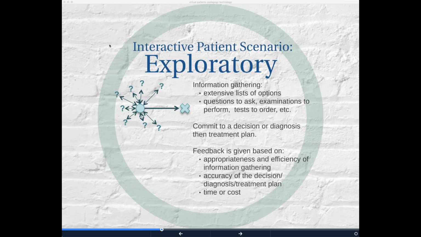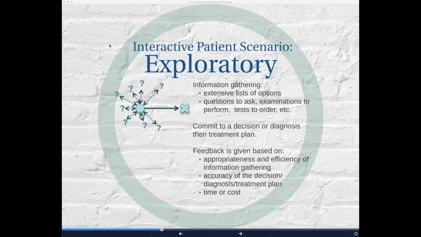Then the learner gets feedback, and the feedback could be based on the appropriateness and the efficiency of the information they gather. So did they ask the right questions and do the right exams and order the right tests that they should have? Or did they do extra investigations that really weren't appropriate or indicated?